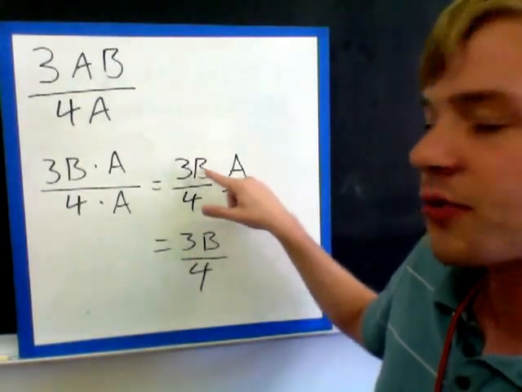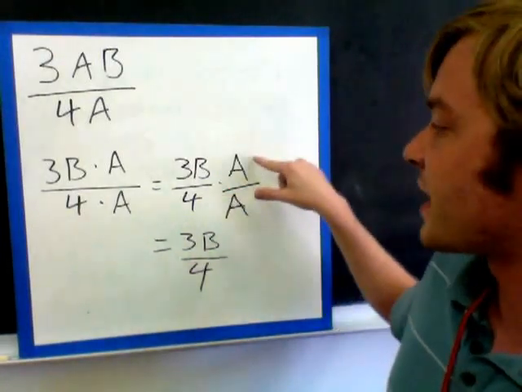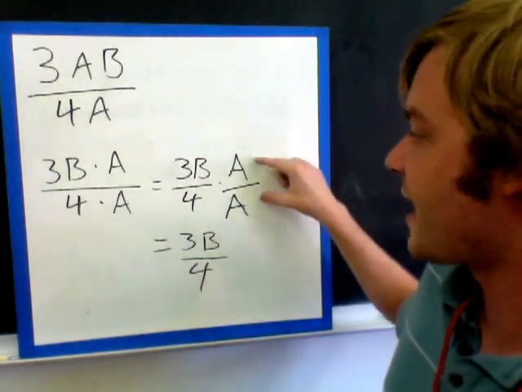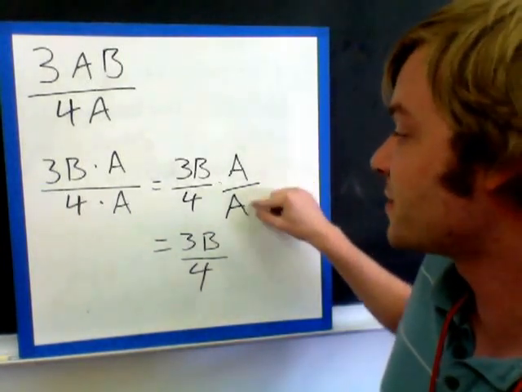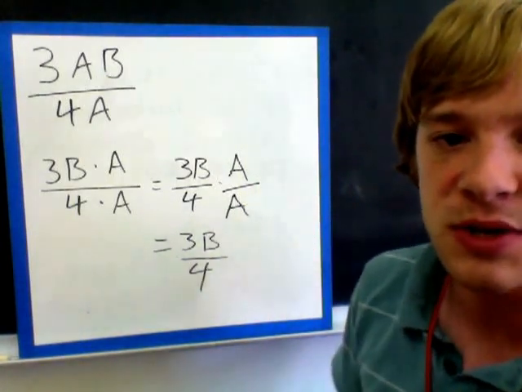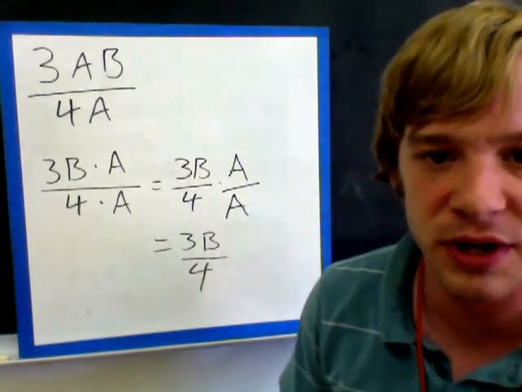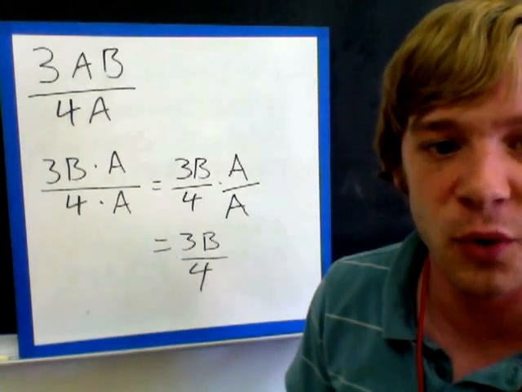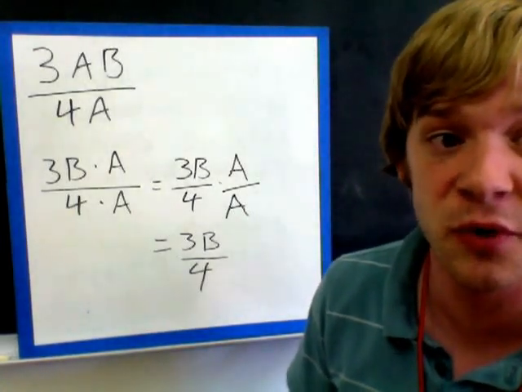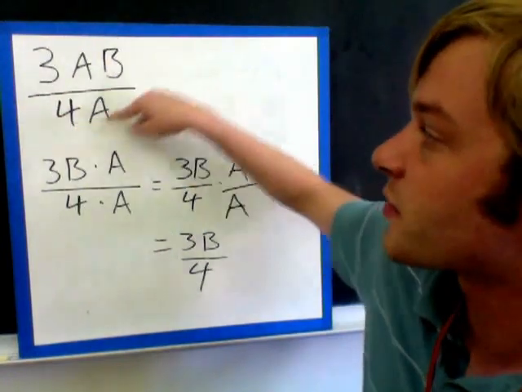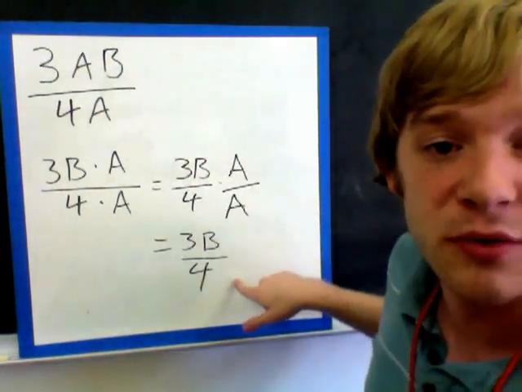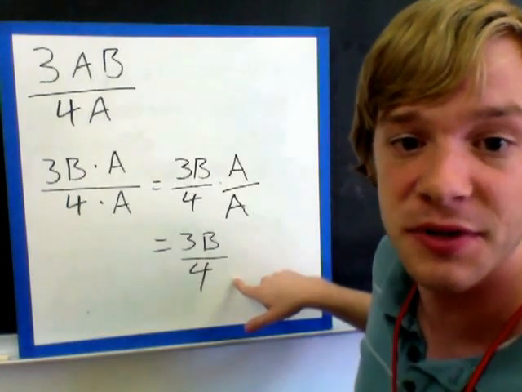I can write 3b over 4 times a over a. We said that any variable over itself is 1, just like if we were working with numbers. And so 3b over 4 times 1 is just 3b over 4. So if we simplify our original fraction, we end up with 3b over 4 as our final result.